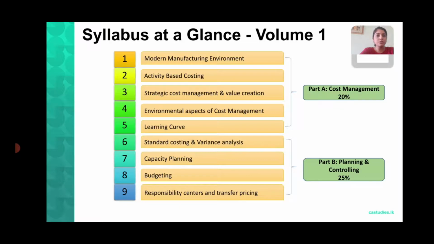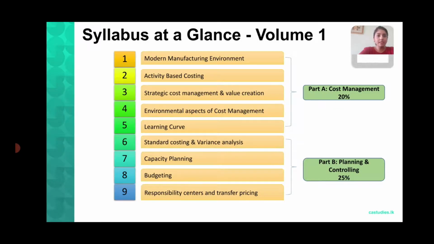So, first 5 chapters belong to part A, which is cost management at 20%. The chapters are modern manufacturing environment, activity-based costing, strategic cost management and value creation, environmental aspects of cost management, and learning curve.